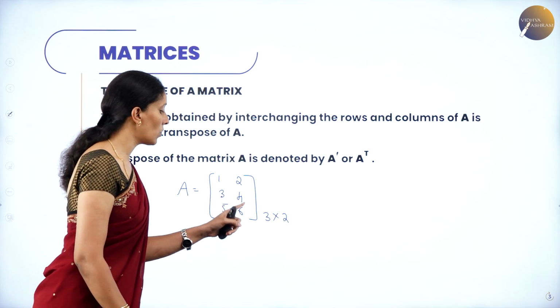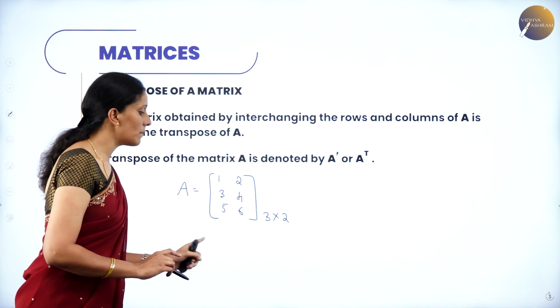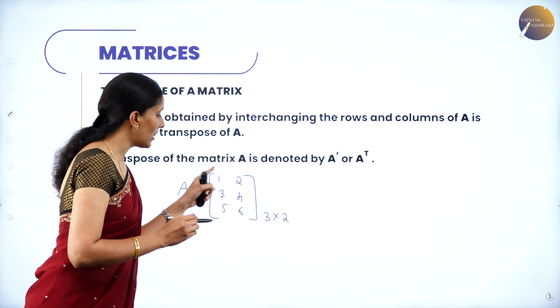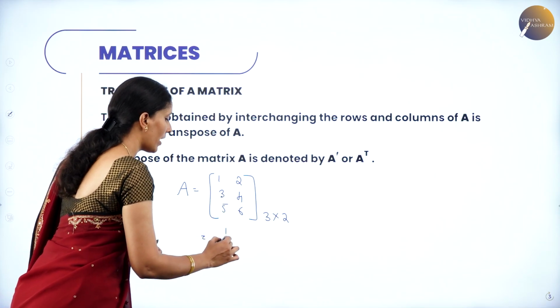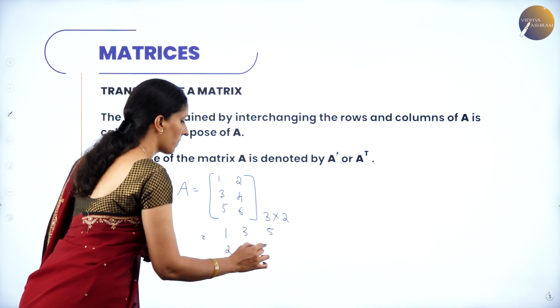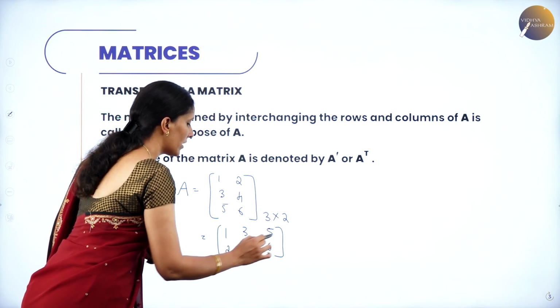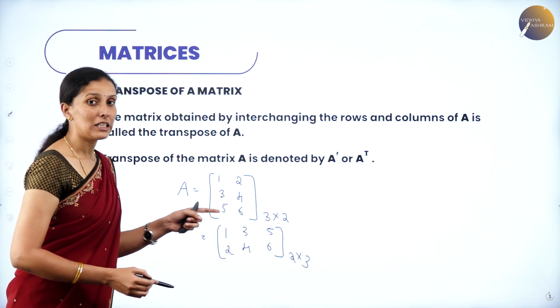So we have 3 rows and 2 columns here. If you interchange columns into rows, that is, if you write columns in terms of rows, here we have 1, 3, 5 and 2, 4, 6. So the order is now 2 cross 3. That is, you have 2 rows and 3 columns.